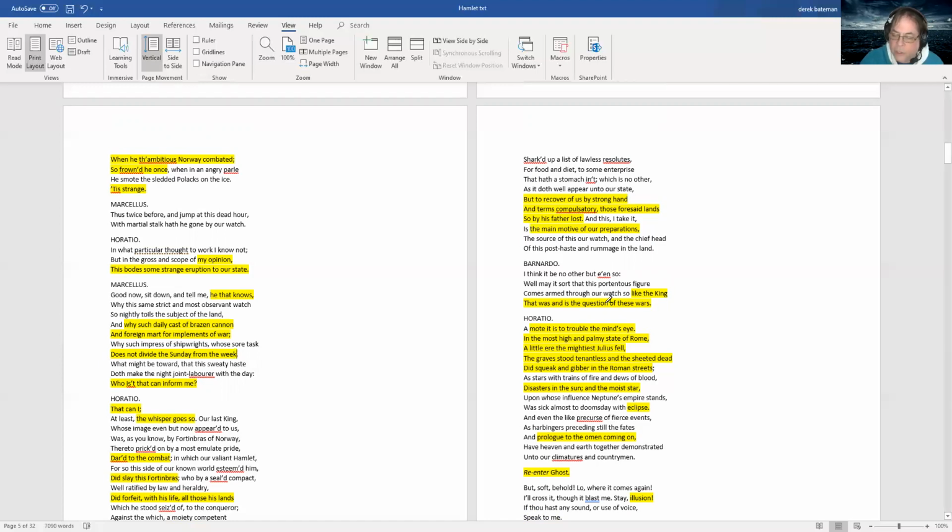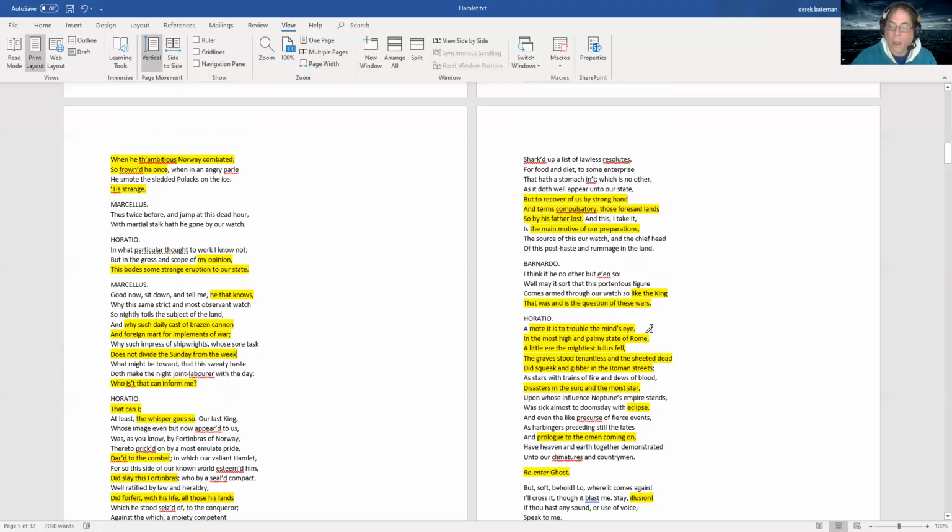But he has other motivations as well, because he also wants to avenge the death of his father. And those of you who are familiar with Hamlet understand that that becomes the central core, if you will, of this play: Hamlet's need to avenge his father's death and his struggle to do so.